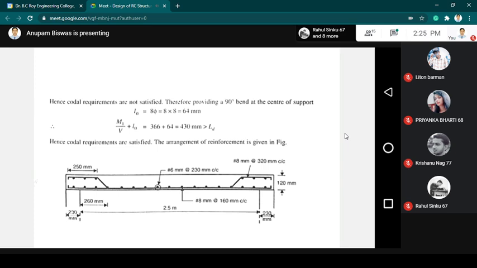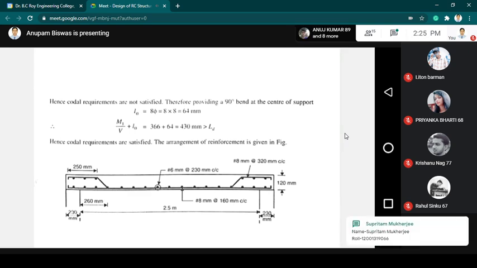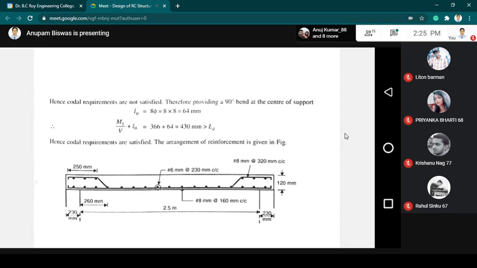The clear span is 2.5 meter, and 50% of the bars are bent up at a distance of 260 mm from the inner face of the support. So all this specification must be mentioned in the longitudinal section of the slab.